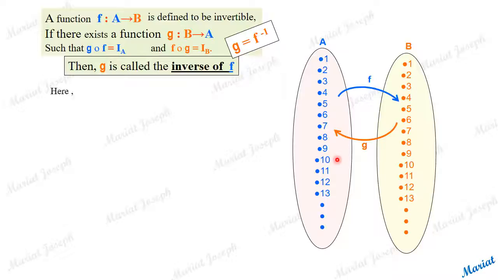Now notice one thing. Let's take an element x in set A. Then f of x will be in set B because f of x means image of x under the f rule.